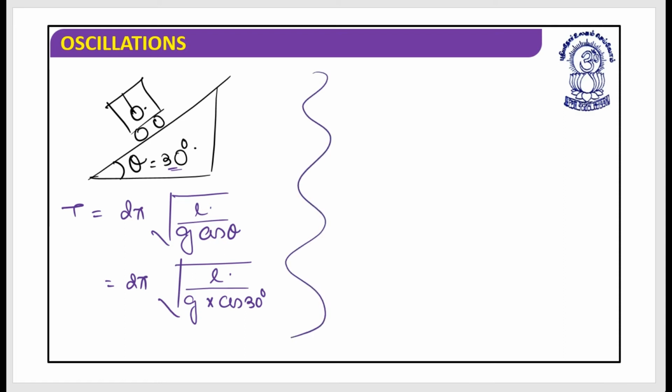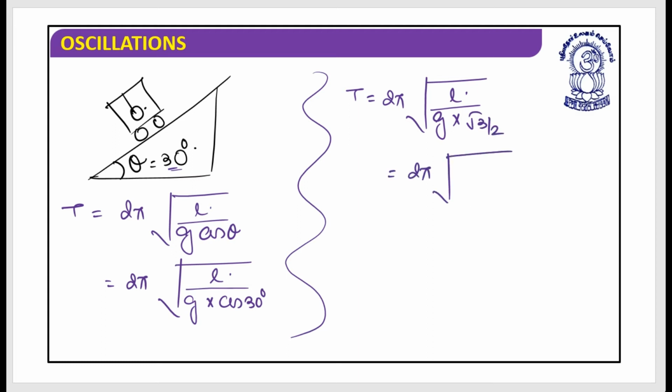Cos 30 is root 3 by 2. So this is equal to 2 pi root of 2L by root 3 g seconds. This would be the answer. I hope this is clear.